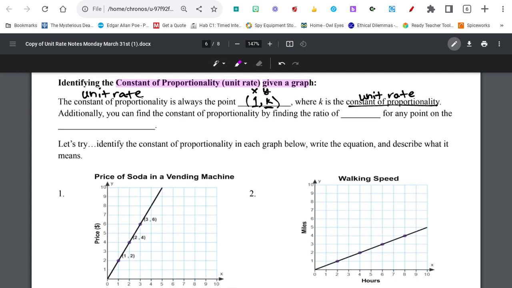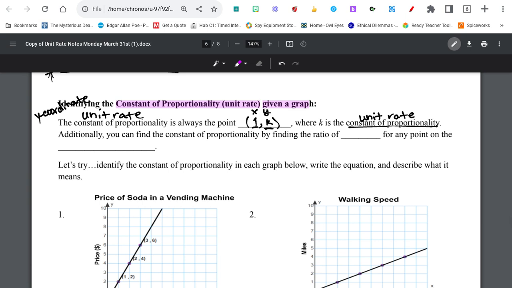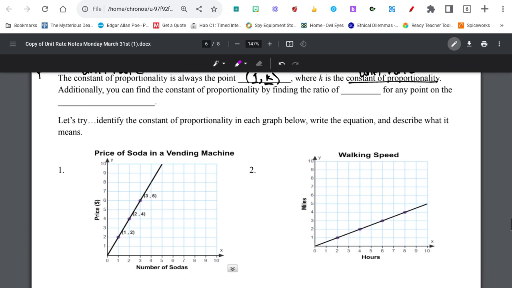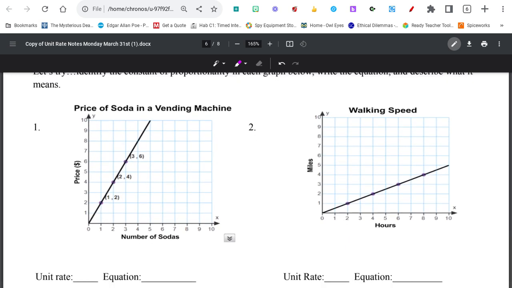Okay? So all this means is the y coordinate is the unit rate where x equals 1. So let me show you what I'm talking about. All right, here's x. Here's an x of 1 right here.